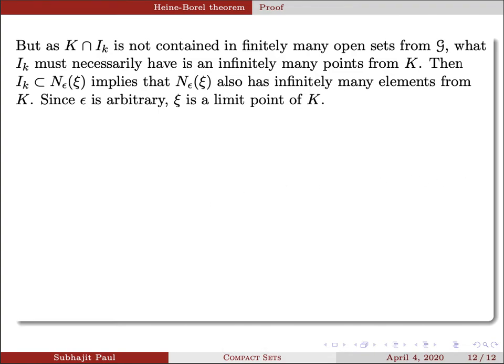Now, what do we have? So far, we have used the property that K is only bounded. Now, we have one more property of K left. That is, K is closed as well.